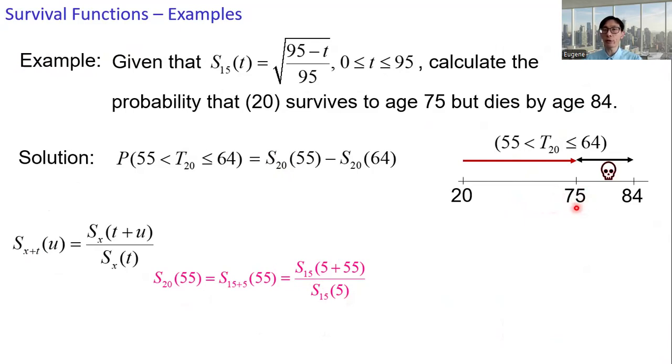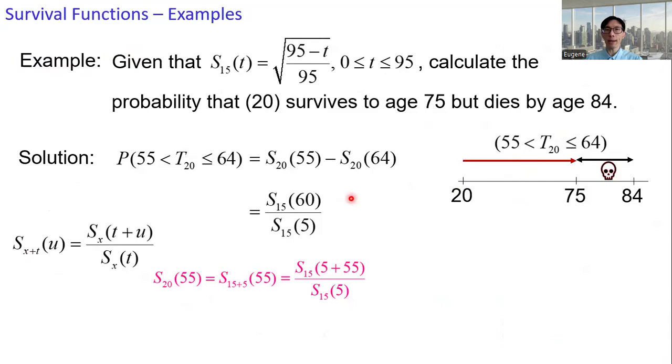So altogether, the future lifetime is 60 years, starting from age 15. So we have S15(60), given that this person at age 15 already survived for 5 years, reaching age 20. So over S15(5). So this is the expression for the first term.